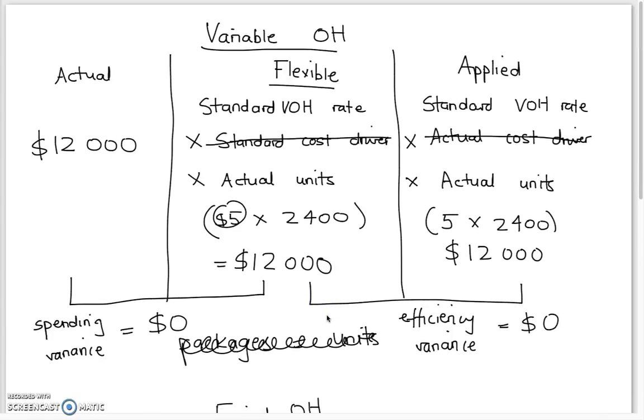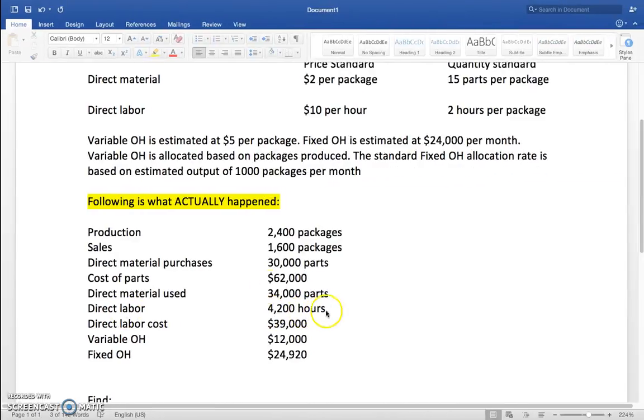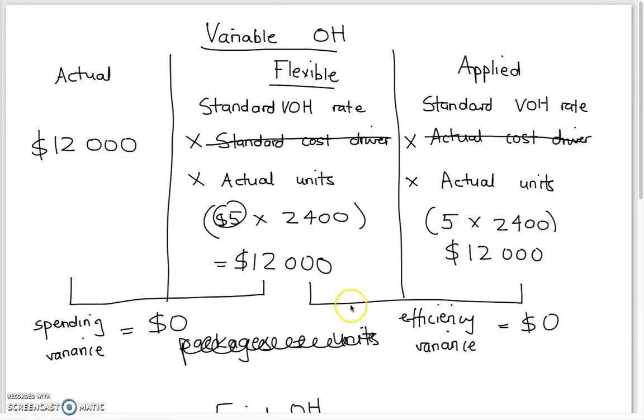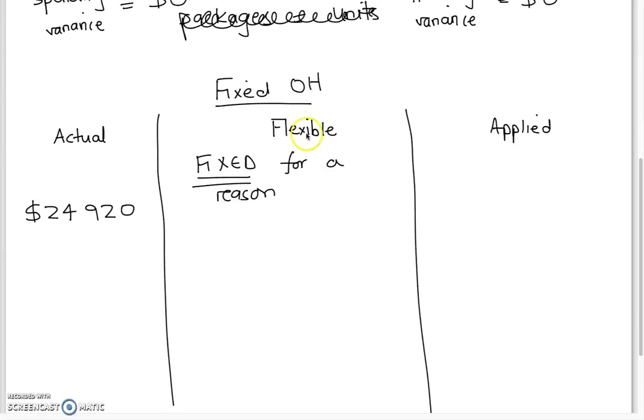So if you decide at the start of the year that your fixed costs are going to be 24,000 per month, that is going to stay fixed. You do not care if you produce 1,000 units or 2,000 units or whatever. As long as you are within the relevant range that your fixed costs stay 24,000, you don't really care how many products you produce.